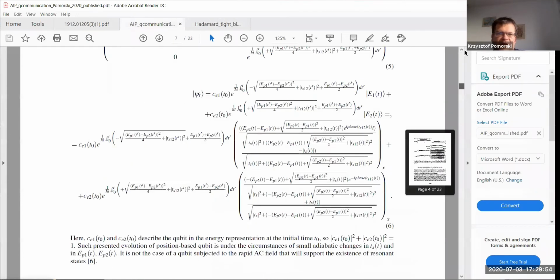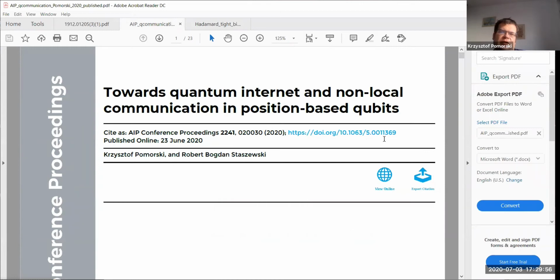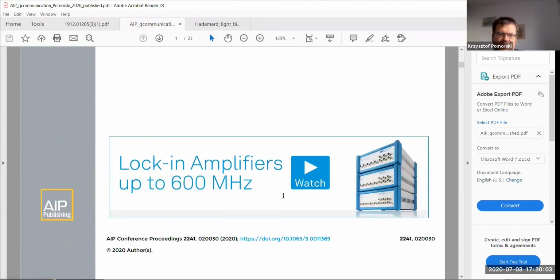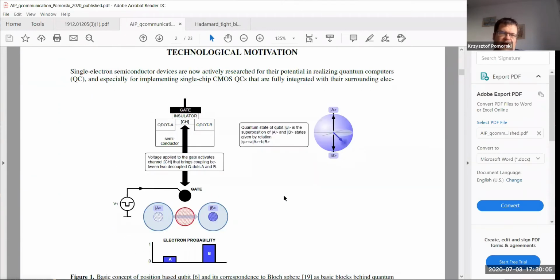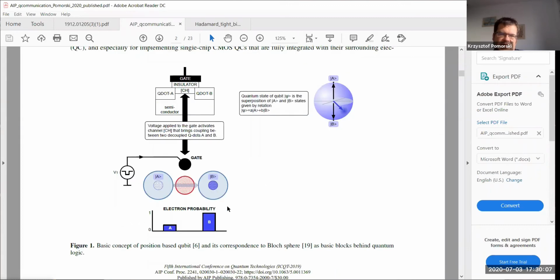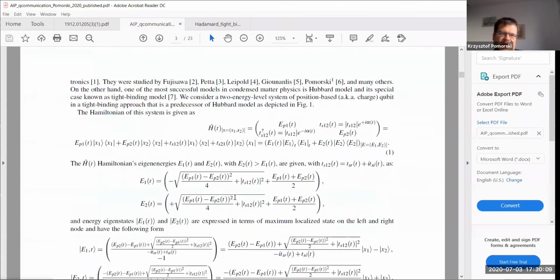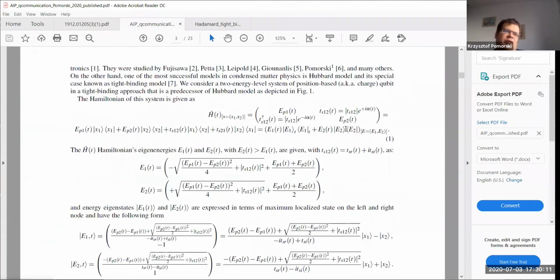talk. The previous talk title was towards quantum internet and numerical communication in position-based qubits. So how things are done. Again, we start with this chain of two coupled quantum dots. Then we have this Hamiltonian expressed by Formula 1, and then we have two eigenenergies.